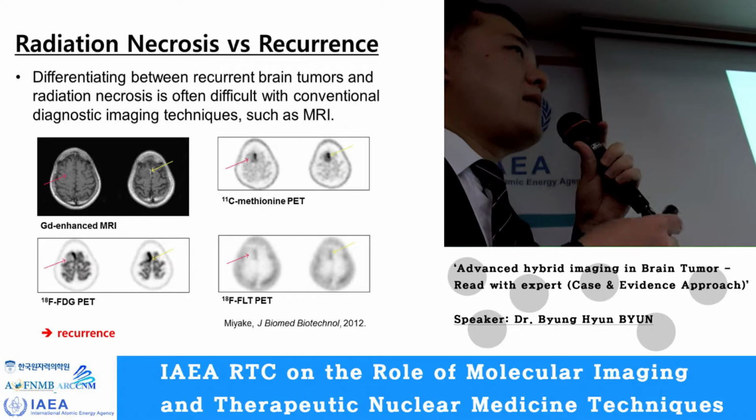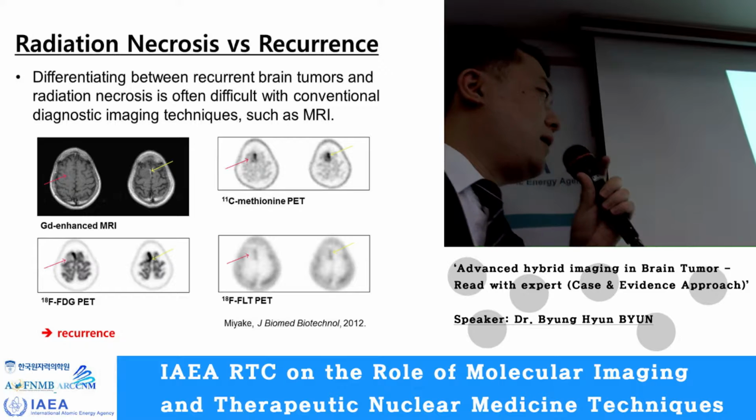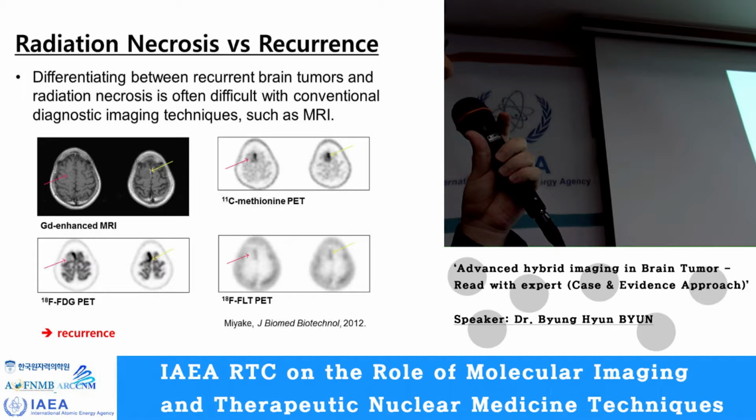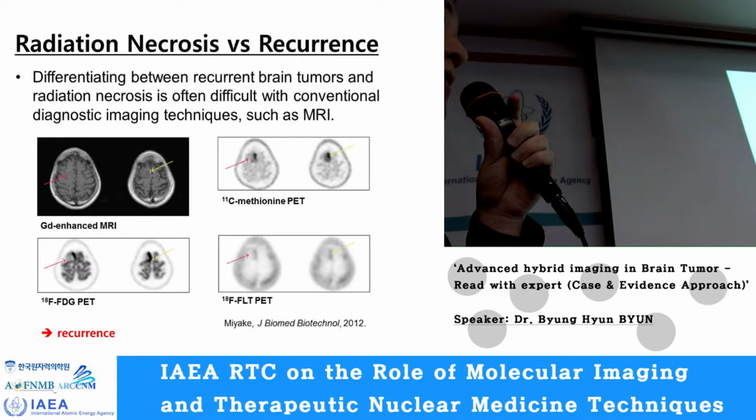Radiation necrosis can also show enhancement on MRI. For example, you can see enhancement on MRI after the treatment. On FDG PET, there was a significantly increased uptake here. And on methionine PET, there was also an increased uptake.